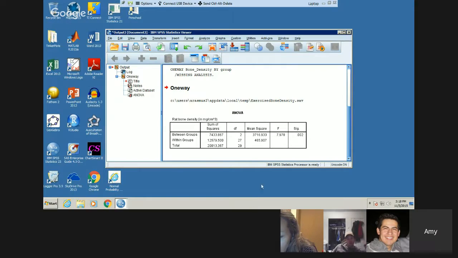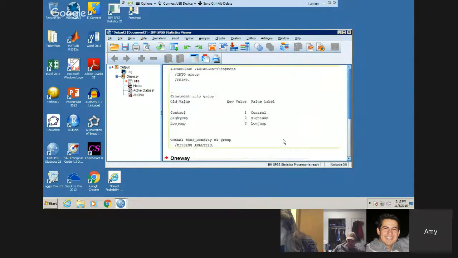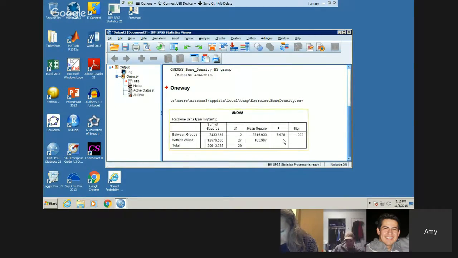We're looking for a t value. How about an F value? There's not a t... Oh, okay. No, it is an F value, because F is 7.978. Okay.